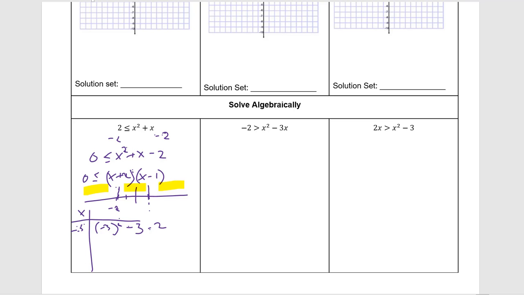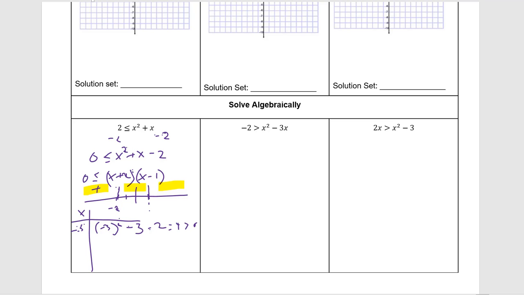Minus 3 is 6. Minus 2 is 4, which is greater than 0. So it is greater than 0 here. It's positive. So that is part of our solution set because we want to know where it is greater than or equal to 0.